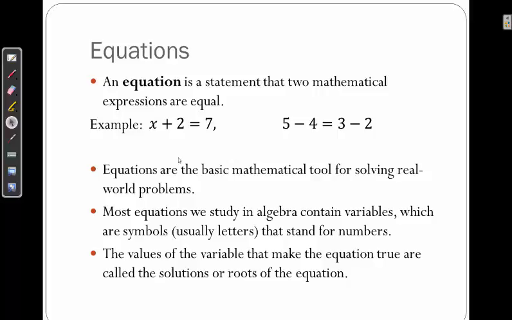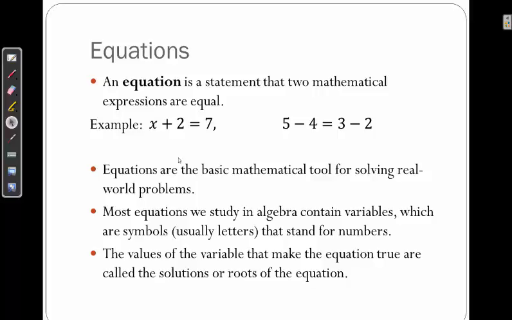Equations are just going to be our tool for solving real-world problems. In college algebra, we're still probably going to have idealized real-world problems to a certain extent, and you can't really escape that since you use mathematics to model the real world. The real world does work mathematically, but there are so many variables it's almost impossible to keep track of, so you have to narrow it down at some point.